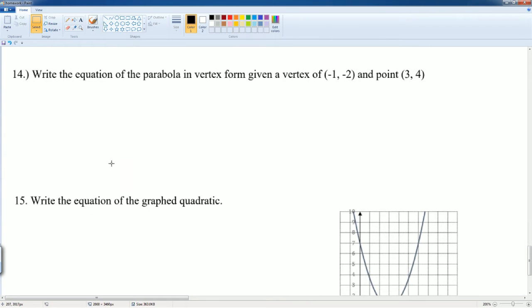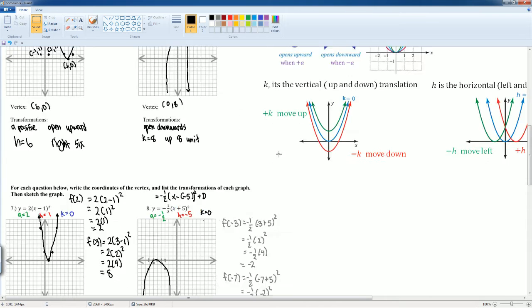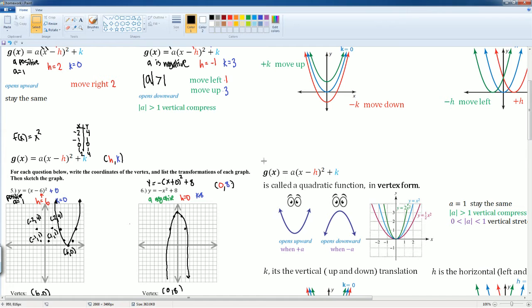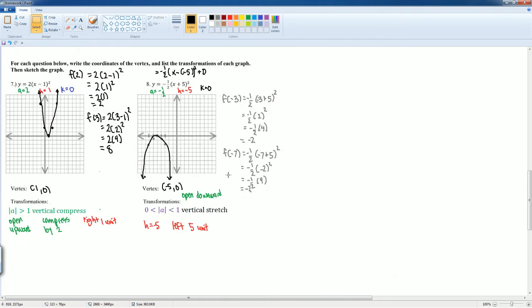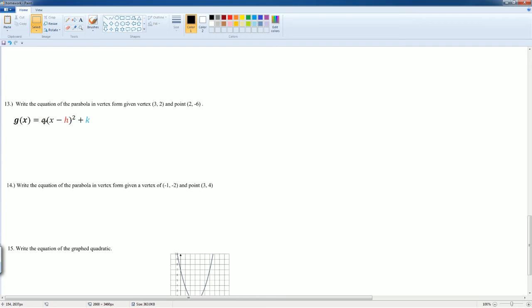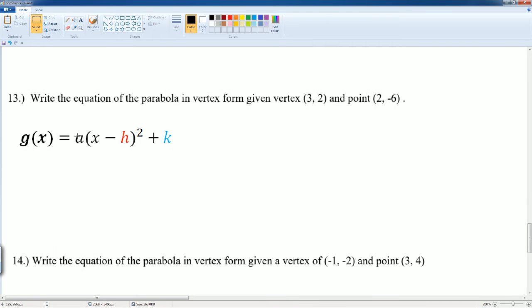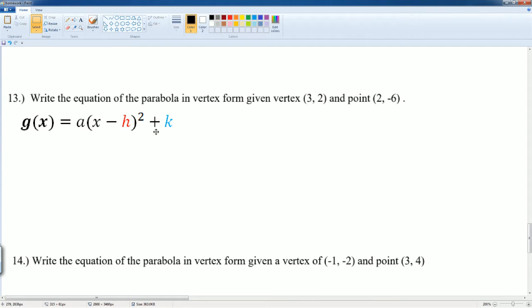It says that we have to write the equation for the parabola in vertex form. I'm given a vertex of (3, 2) and a point. Well, let's just grab our vertex form here to help us out. So we want to write it like that in the end. Okay, let's label our points.